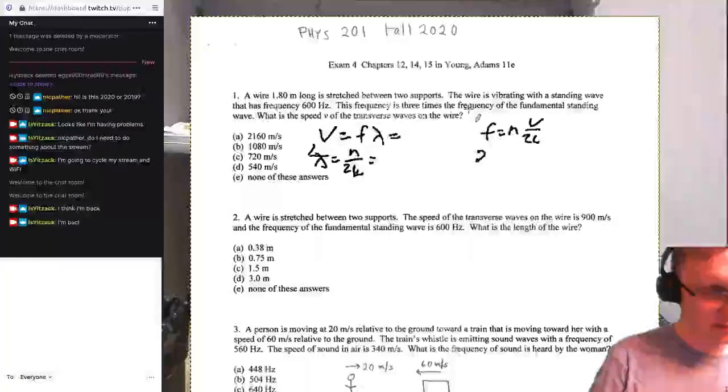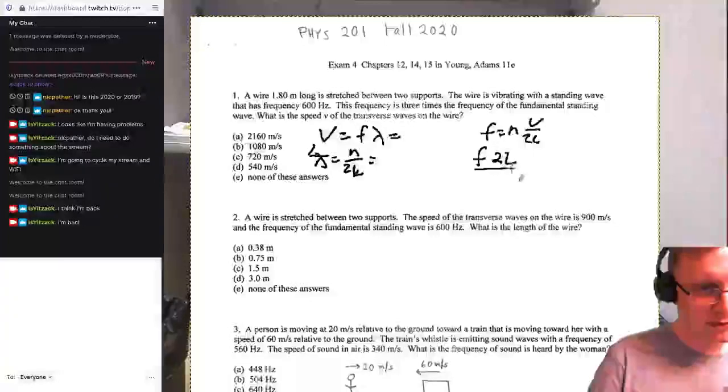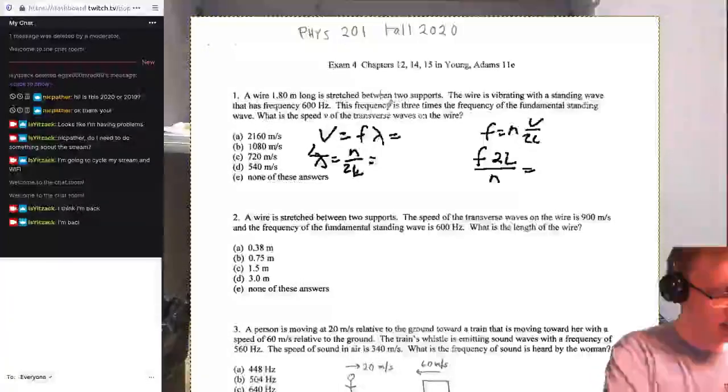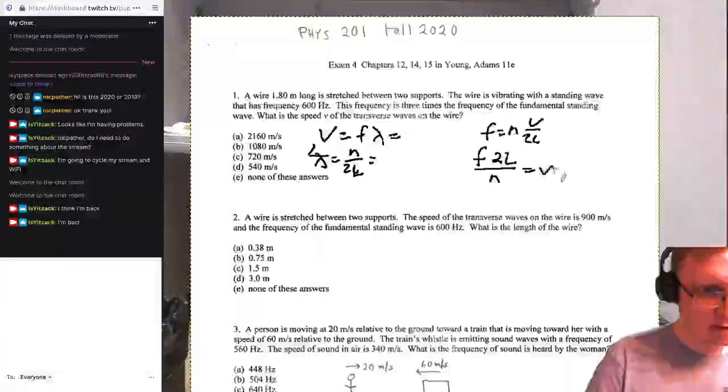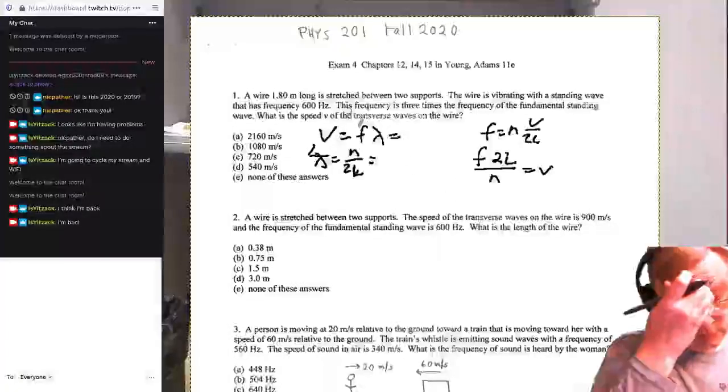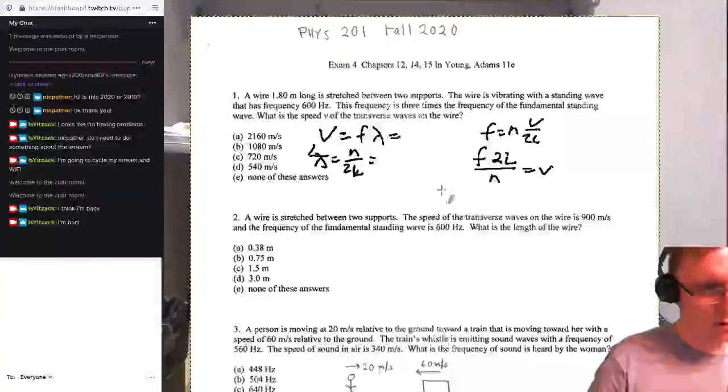So we have f times 2L divided by n is equal to V, the velocity. There we are. And this 2L on n is lambda. So punch in numbers.